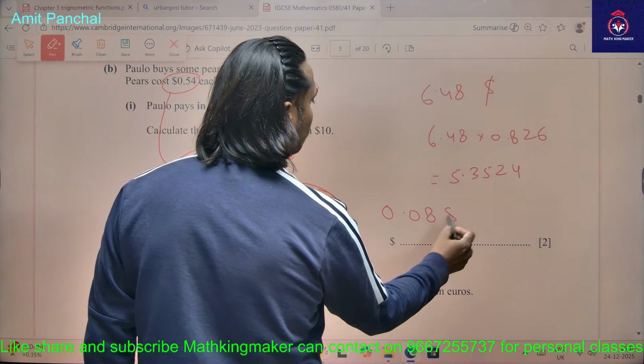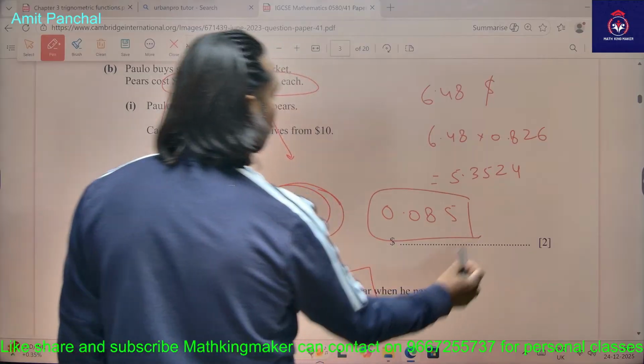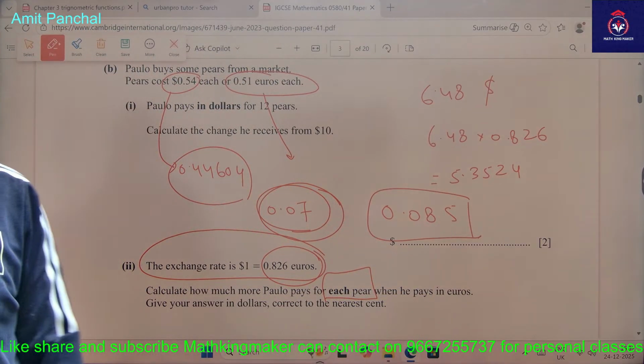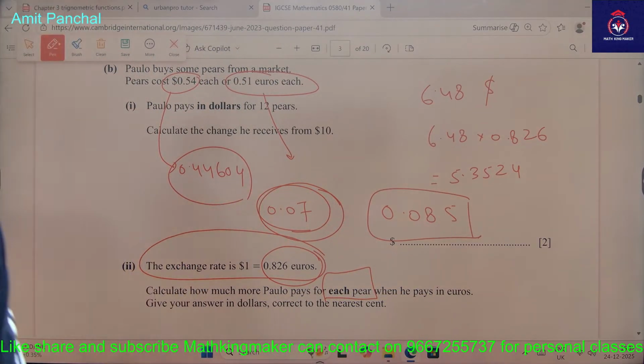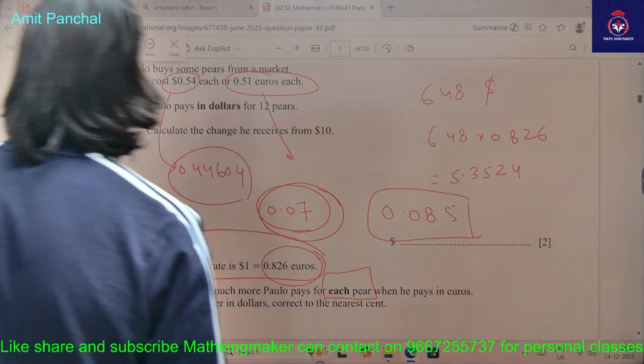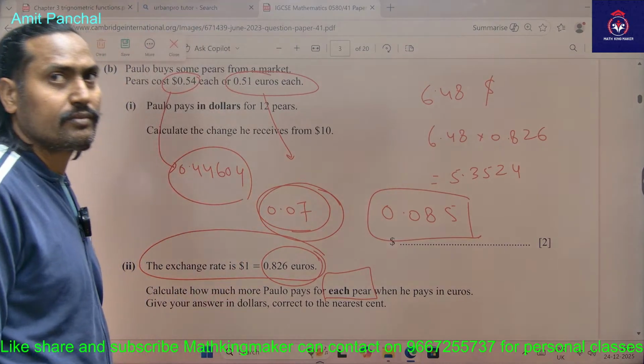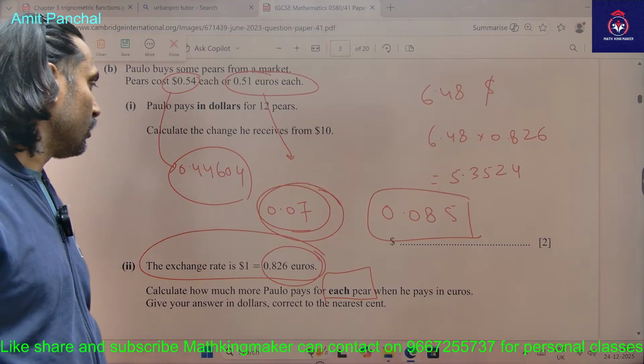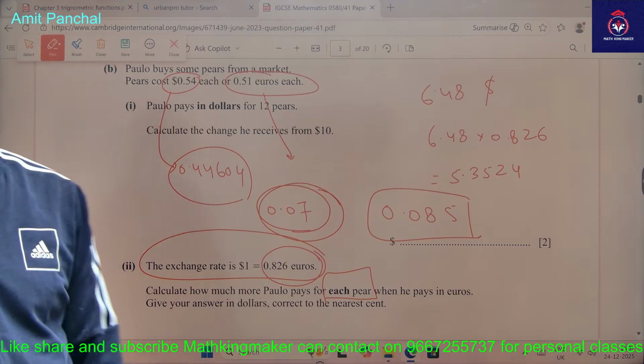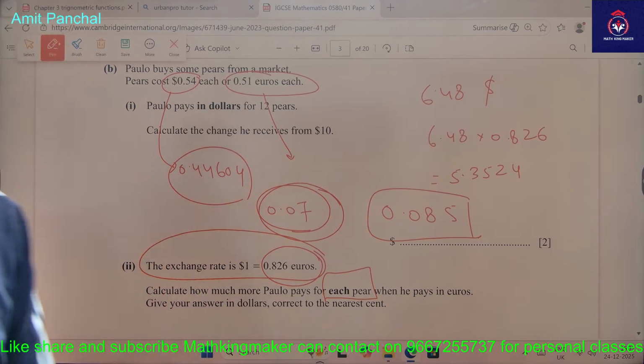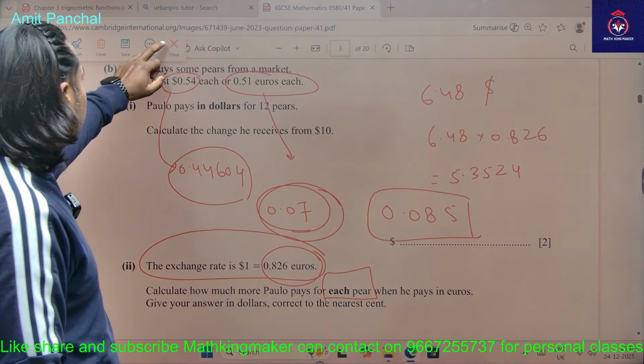So how many cents is it? 8.5 cents. But it says correct to the nearest cent, right? So it's 9 cents. So it's $0.09. Okay, 9 cents.